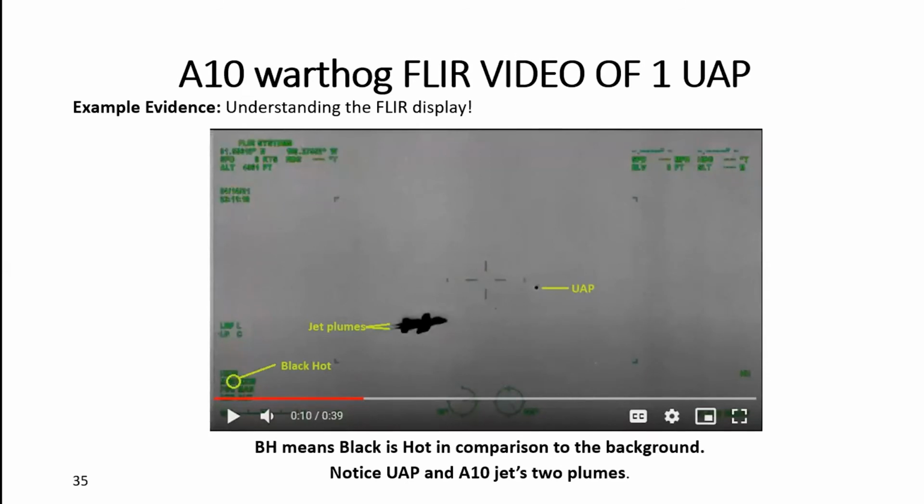And then here we've got the opposite, where black hot means hot in comparison to the background. And notice the UAP and A10's two jet plumes. There's a difference in the spectral bands when you go from black hot to white hot, and you can see this as an example when you go from one to two jet plumes.